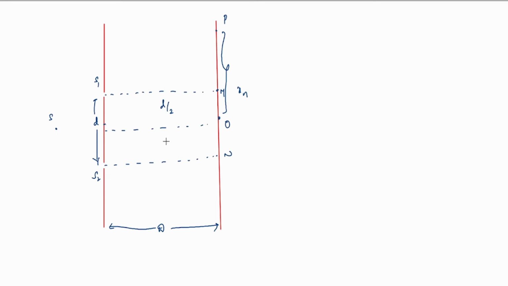So the distance between M and O is d by 2, and also the distance between O and N is d by 2.